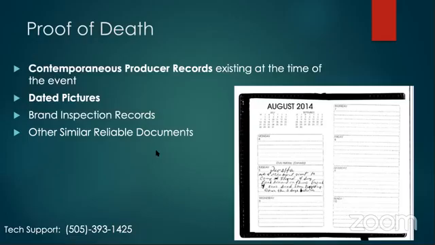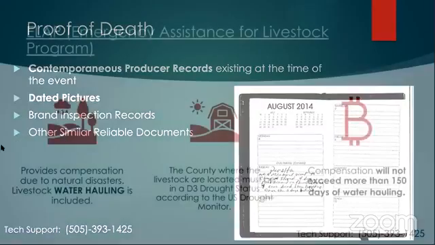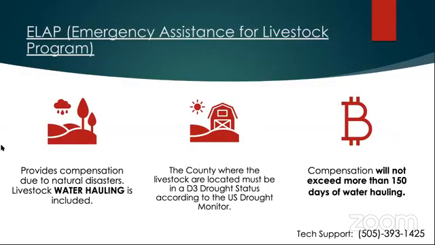Okay, we'll go on to our last disaster program that we do have available. It is the Emergency Assistance for Livestock program. This program is the one that provides compensation due to natural disasters, which includes water hauling. So I know this is huge, huge, huge here in New Mexico.